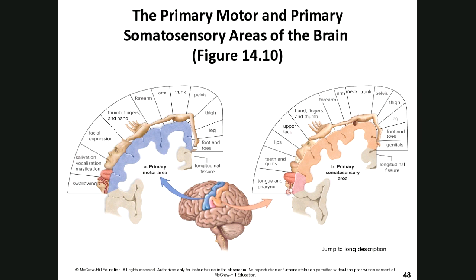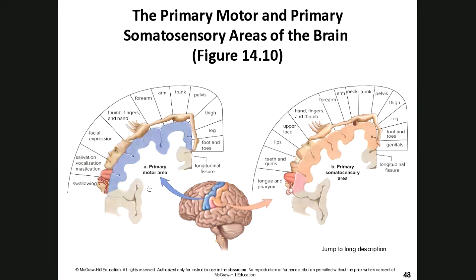Depending on what part of that primary motor area we're at, different things are affected. In this back portion, you have the toes, feet, legs, thigh, pelvis. As we get closer to the front of it, facial expressions, the speech area, swallowing, and so forth.